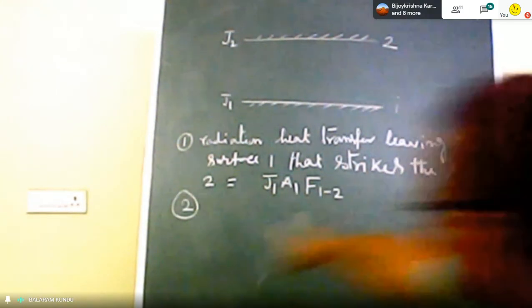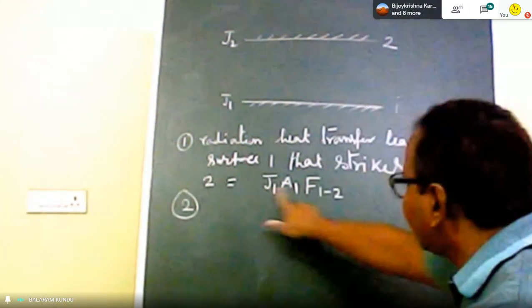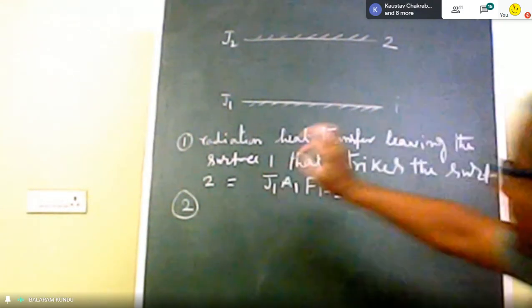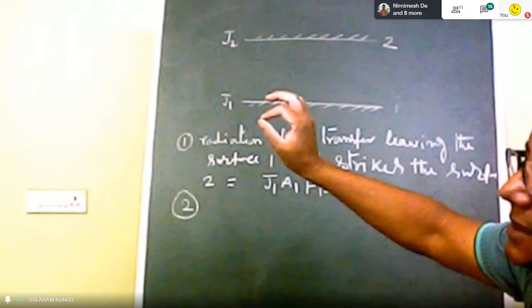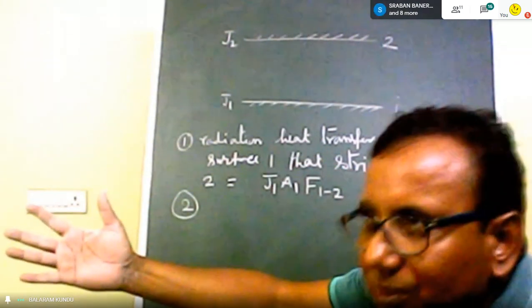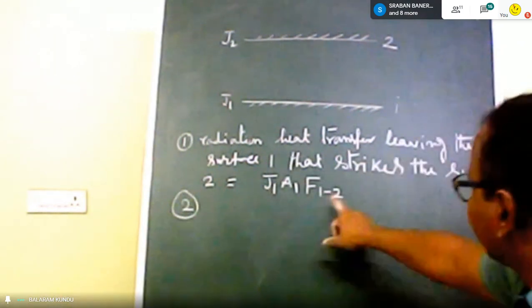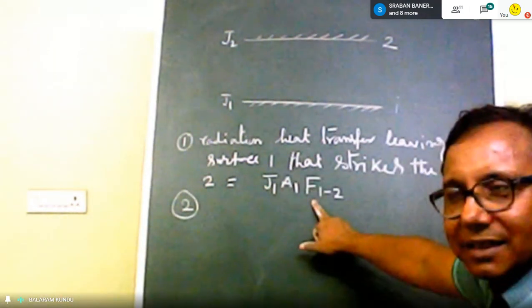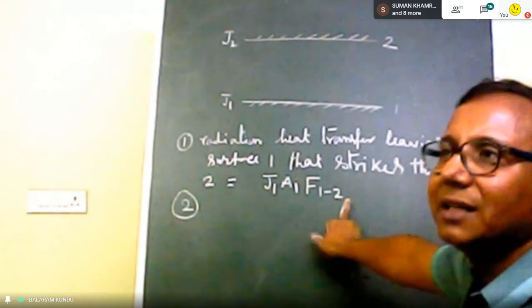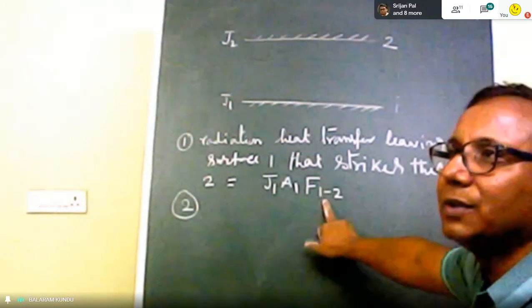So area into radiosity, A1 into J1, and to determine the fraction of energy that strikes surface 2, the shape factor is necessary. That's why the multiplication factor is F12, the shape factor from surface 1 to surface 2.